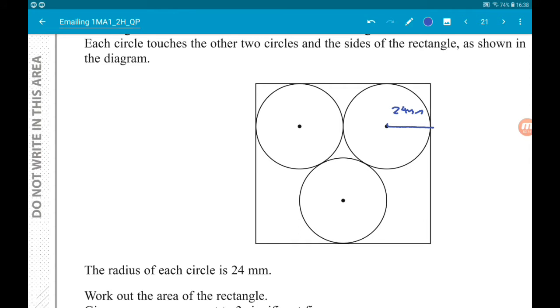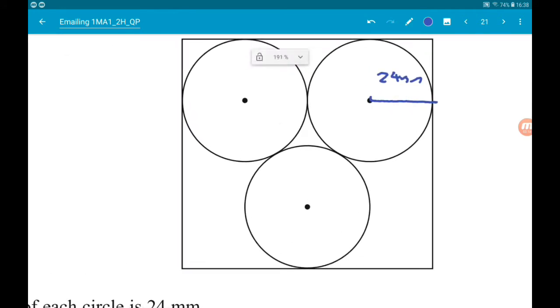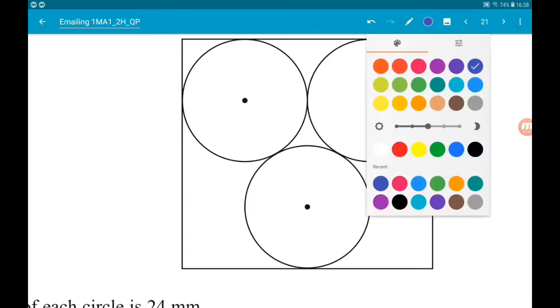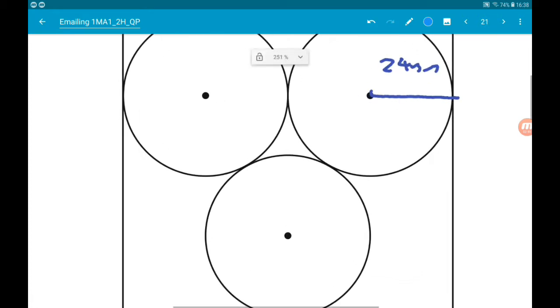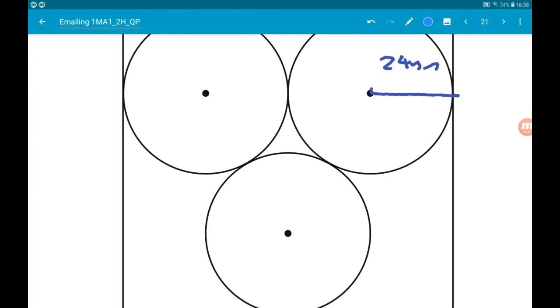The problem is, as it stands, we don't know the height of the rectangle, and we can't find it as easily because the circles overlap. But because this diagram is symmetrical, what we can do is form a right-angled triangle using the centre of the bottom circle and one of the top circles.